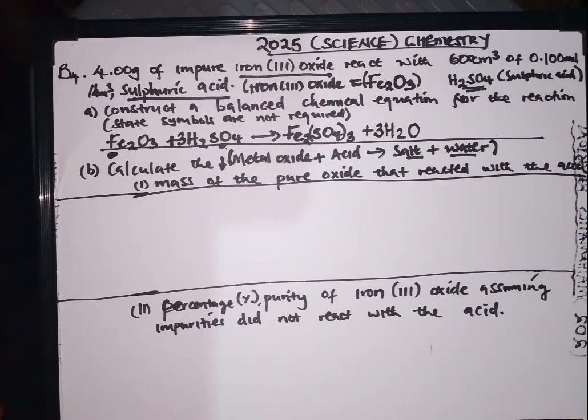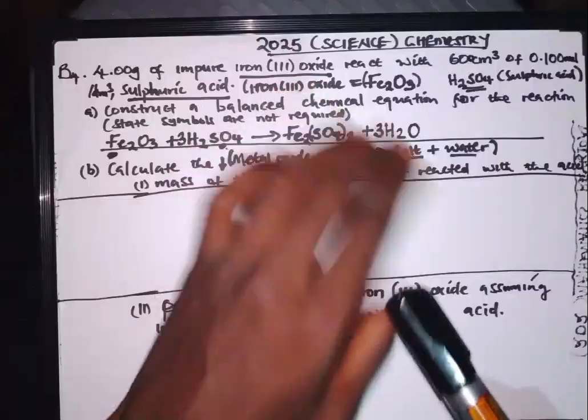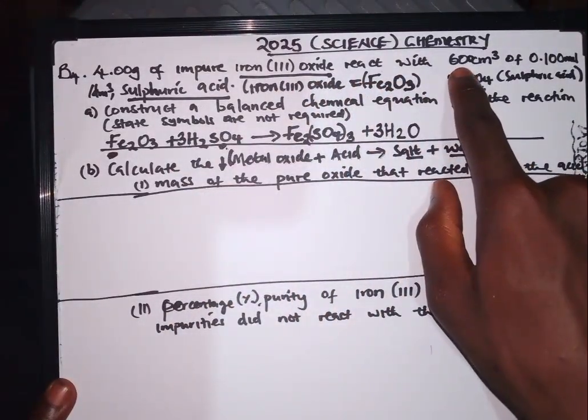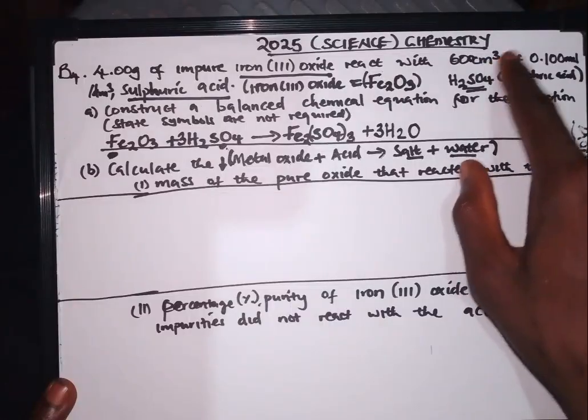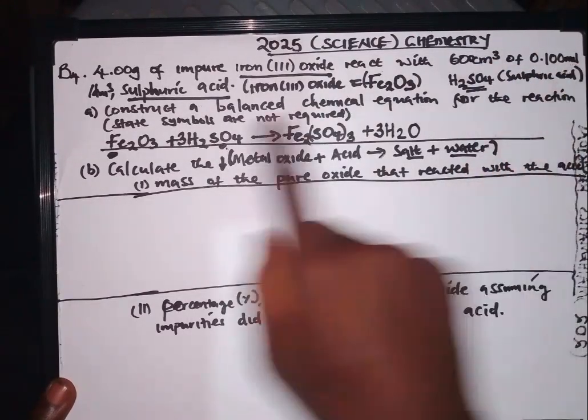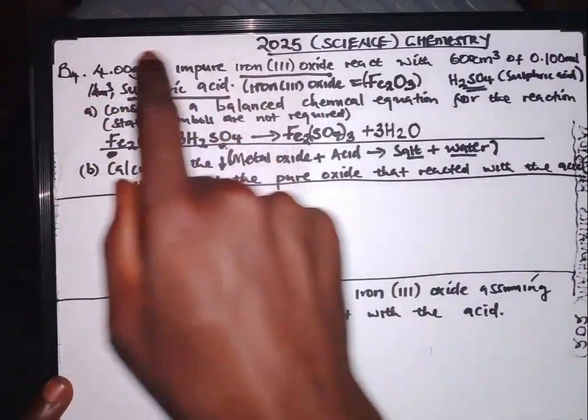So how can we calculate the pure oxide? So now here is where the numbers come in. So remember the question was saying 4 grams of impure iron 3 oxide reacted with 600 cubic centimeter of 0.100 mole per cubic decimeter of sulfuric acid.